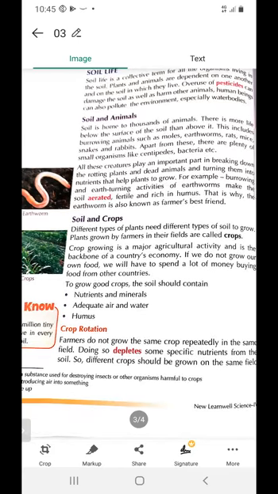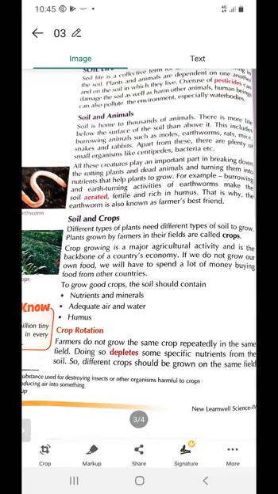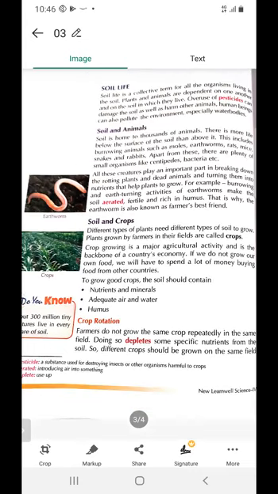If we use an excess of pesticides, it damages the soil and also harms other animals. So what do you mean by soil life? Soil life is a collective term for the organisms living in the soil.